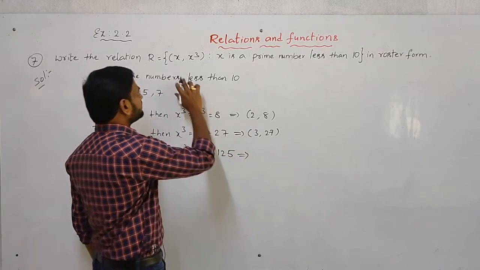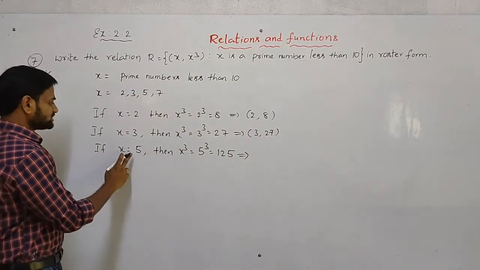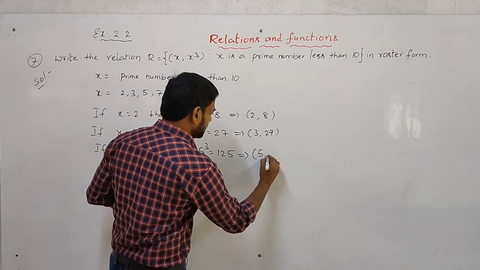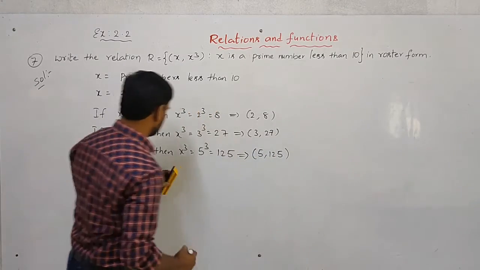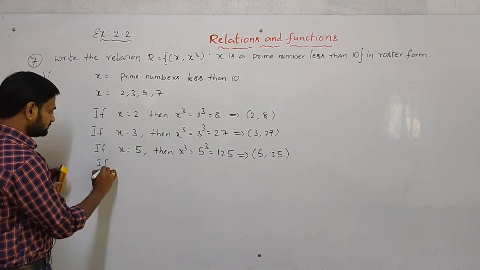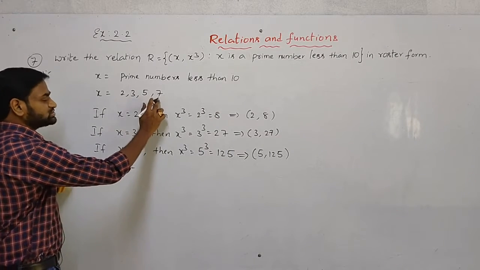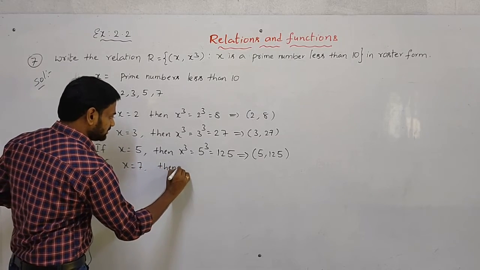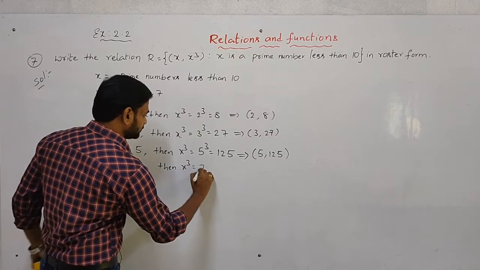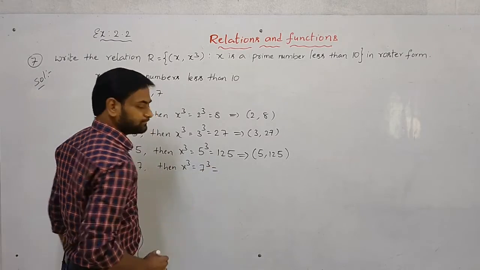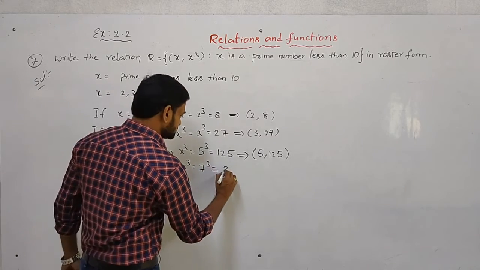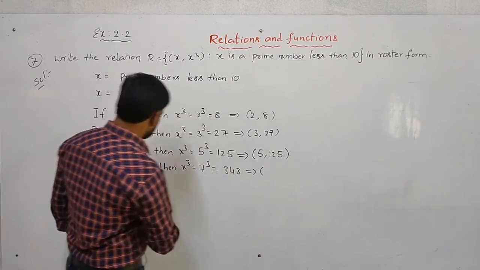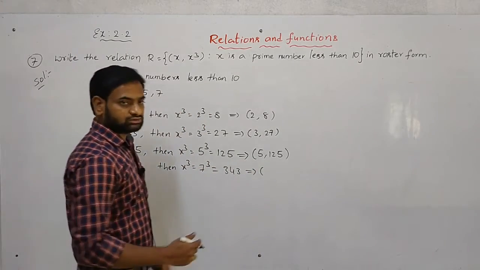So the ordered pair is (5, 125). Now if x equal to, at last, 7, then x cube equal to 7 cube. 7 cube is 343. That is (7, 343).